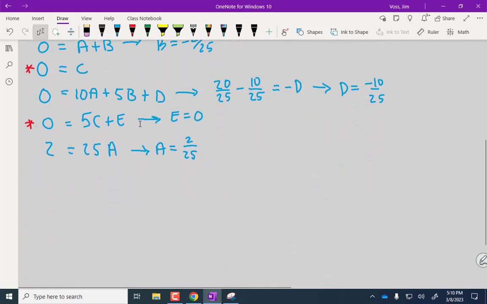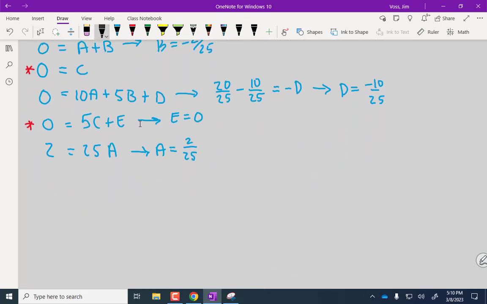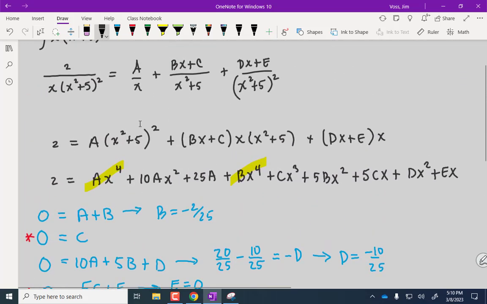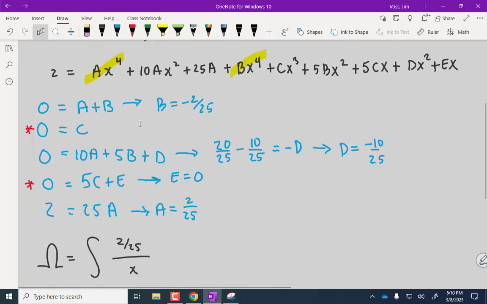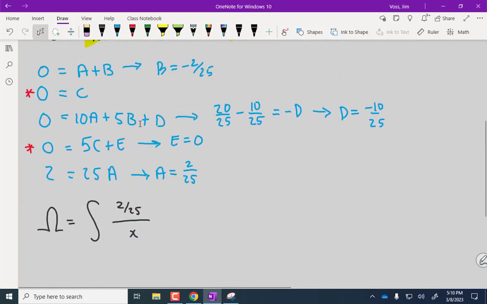Okay, so it's A over x. I'm going to write the original integral as omega: 2 over 25, A over x, and then Bx plus C over x squared plus 5, where Bx plus C is 0, so that's good.